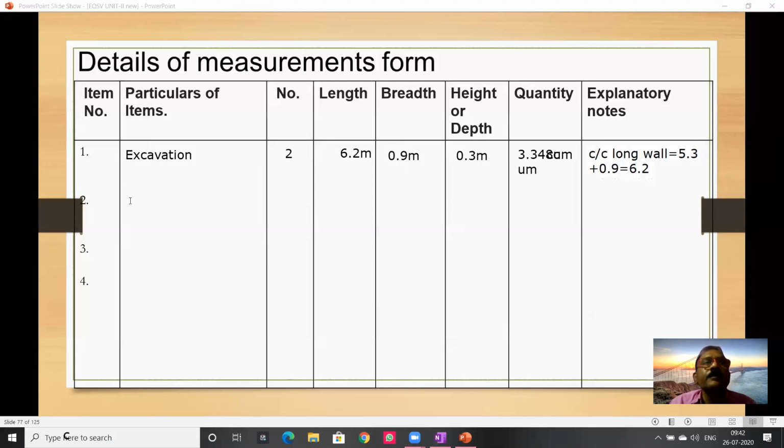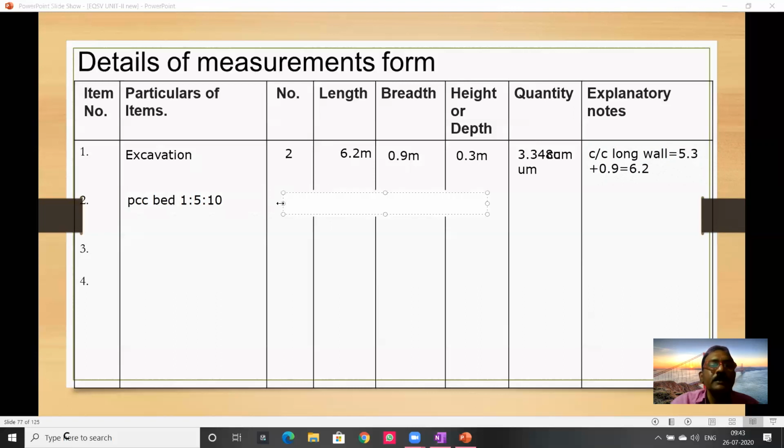Similarly, after excavation, you have to go for the PCC bed. Next is the PCC bed, and you have to write the mix, a 1:2 concrete mixture, or 5:10 as the case may be. Like that, you give a particular explanation of each item.